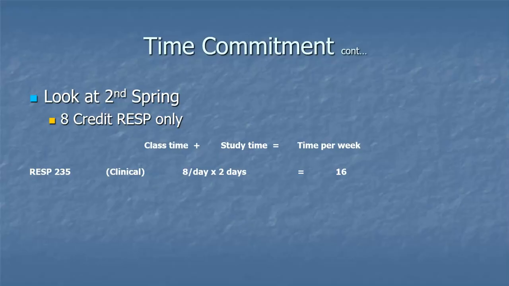Okay, for some of you it won't be as much, but we'll say 8 hours a day, but 6 of that is in the hospital. So that's about 16 hours a week. Respiratory 210 is your critical care class. That is 5 hours a week of lecture and 10 hours a week of study time.